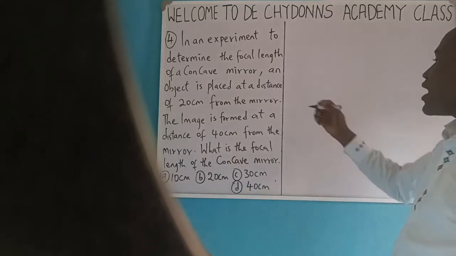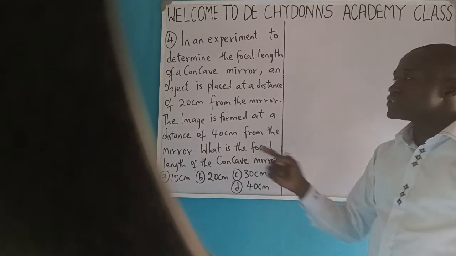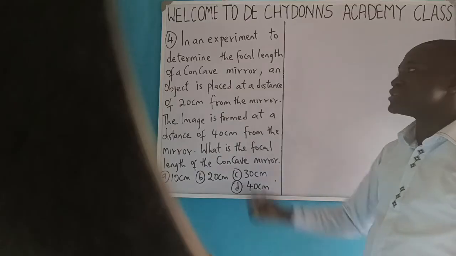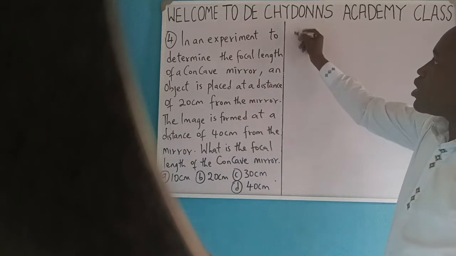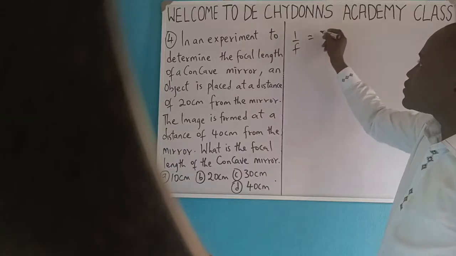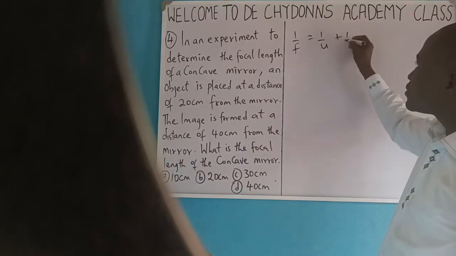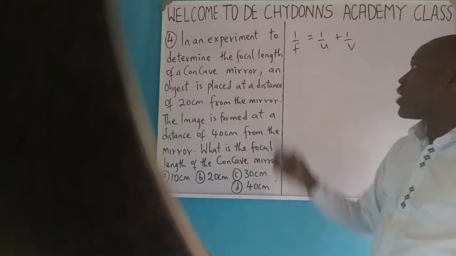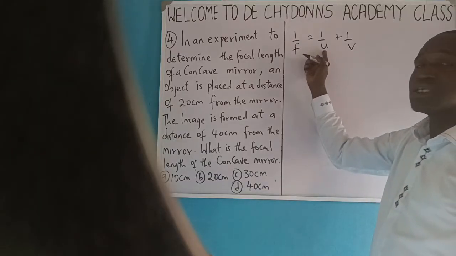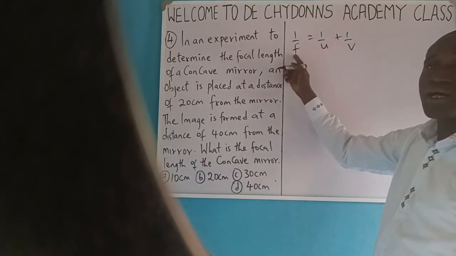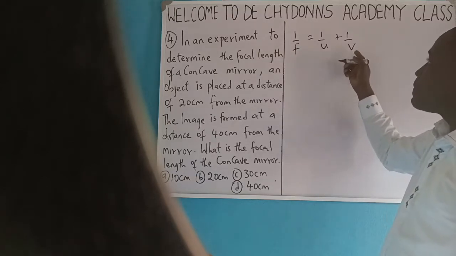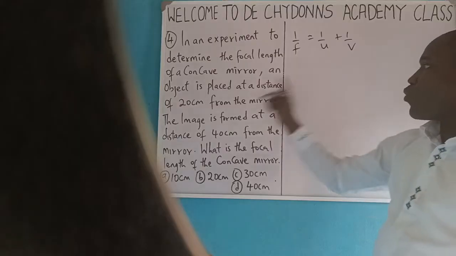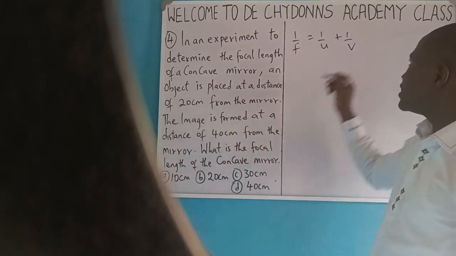Now, when you are given this question, ask yourself which experiment it is coming from. The concave mirror experiment. And you recall in the concave mirror experiment, we have this formula, where u is the object distance, f the focal length, v the image distance. We are given the object distance and the image distance.